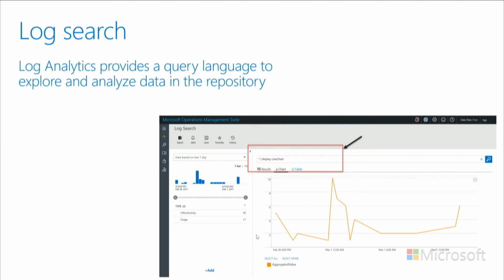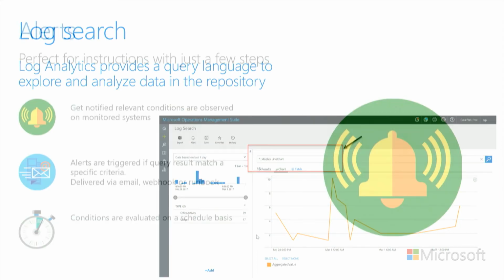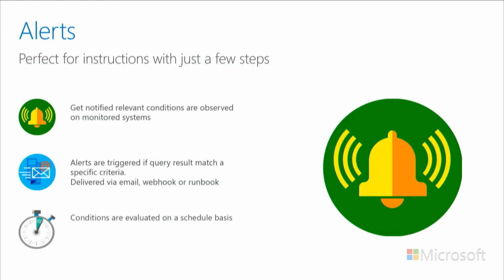Log analytics has its own query language that you can use to explore and analyze data in a repository. It's a language that is simple, but very powerful, and can search millions or billions of records quite fast. Besides that, you can get alerts from things that are happening in your system, based on log searches.